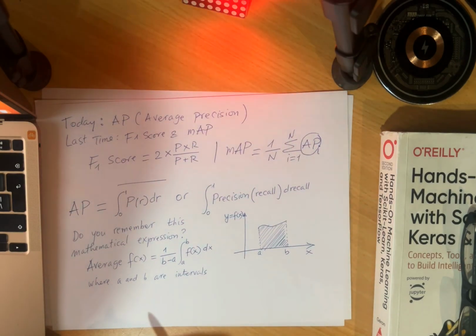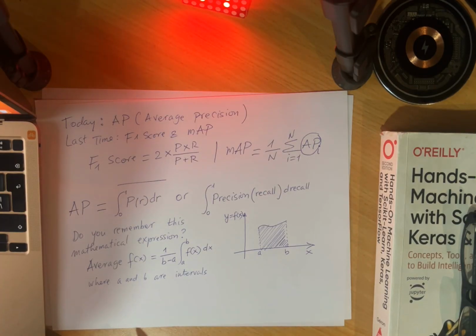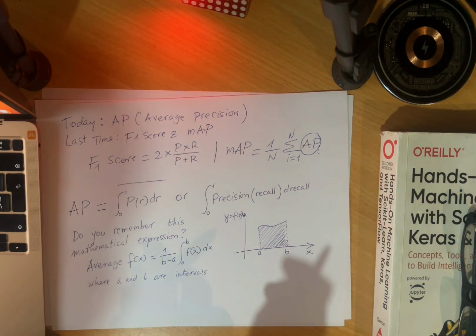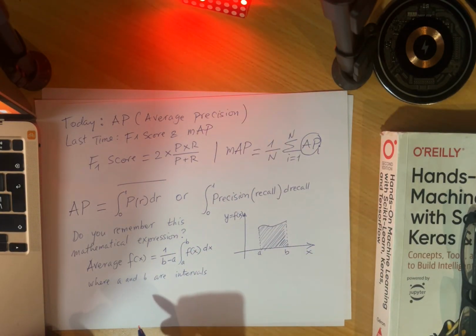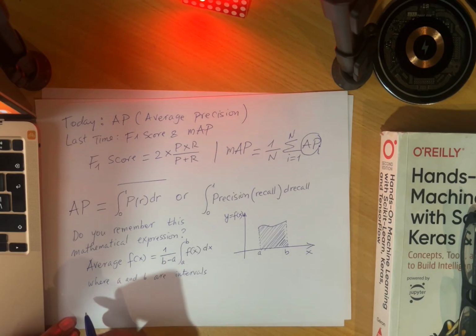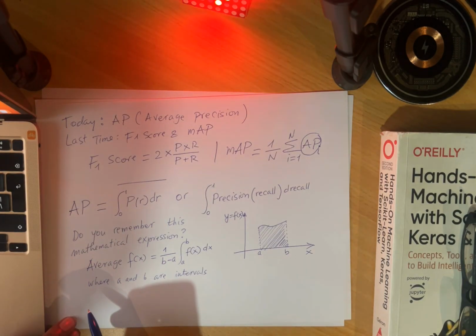If you remember that, it's easy to get the concept of AP. Because with AP, as you know, AP varies from 0 to 1.